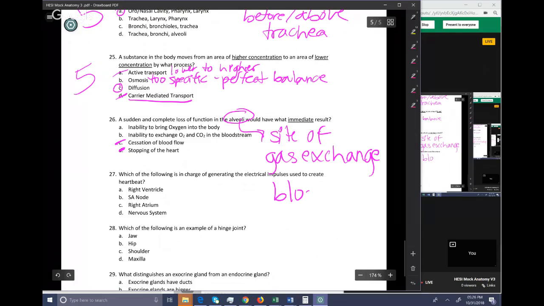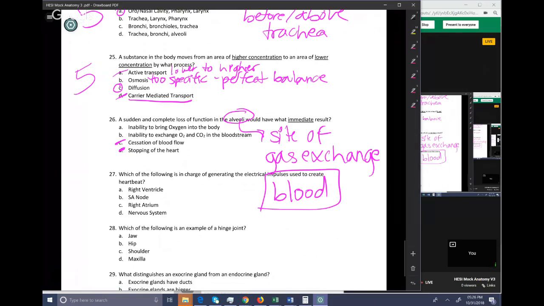The blood, right? So the blood comes into the lungs, goes through the alveoli, diffuses into the alveoli, and while the blood is diffused in the alveoli, that is when gas exchange is happening. So oxygen and CO2 are switching spots on the red blood cells. That's what's going to be affected.